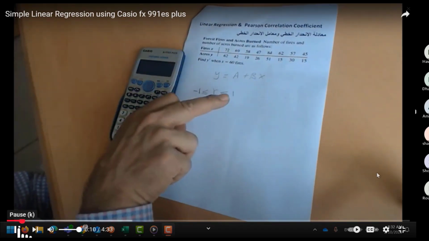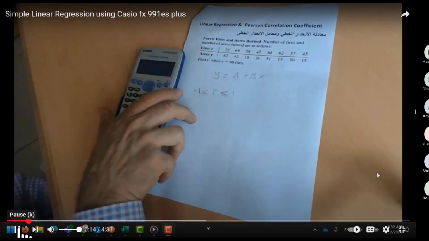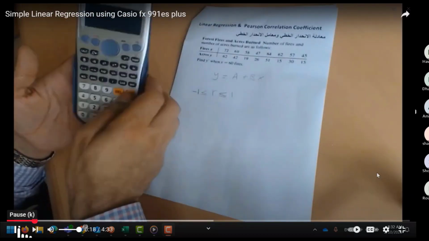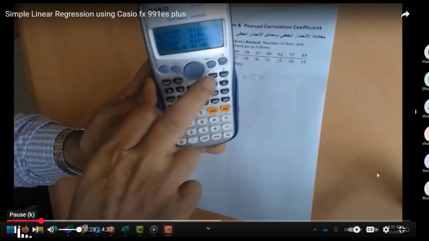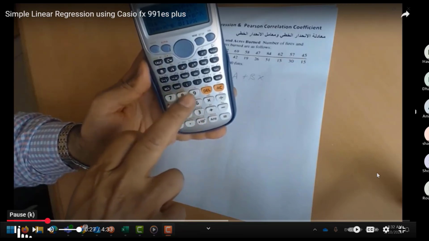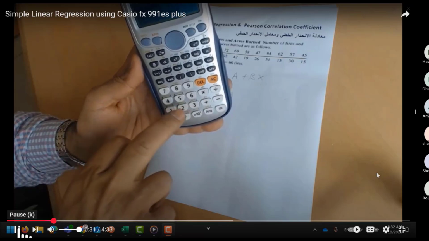Now, how to use your calculator to find the linear regression equation, y equal to a plus bx. Press mode, go for stat, number 3. Go for a plus bx, number 2.